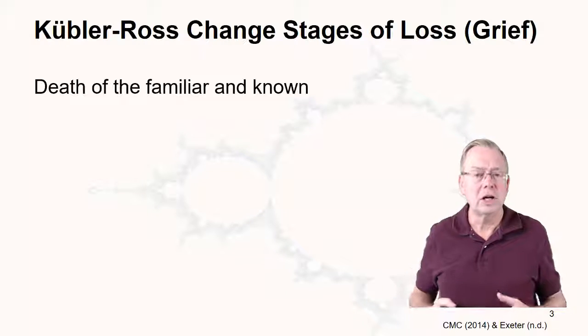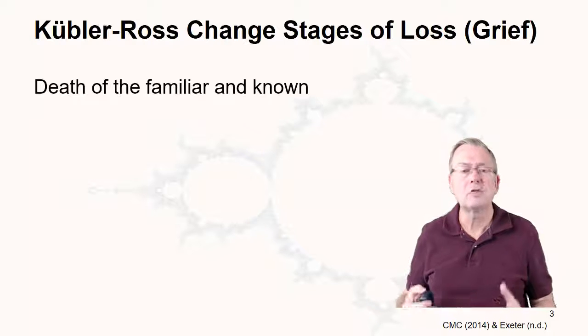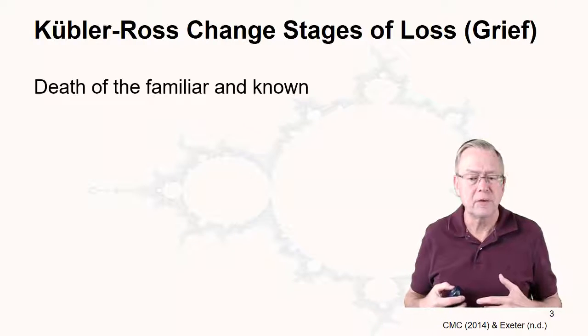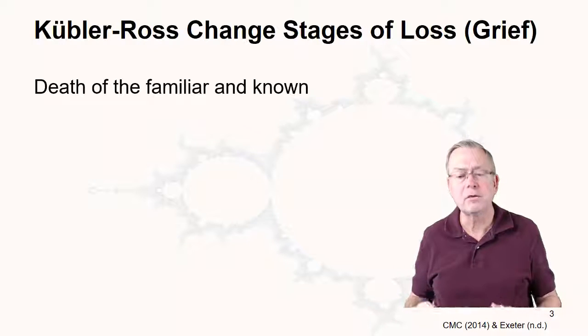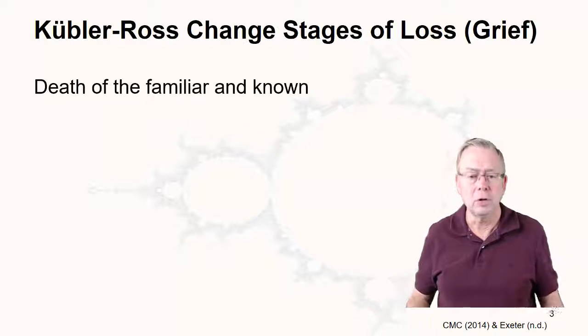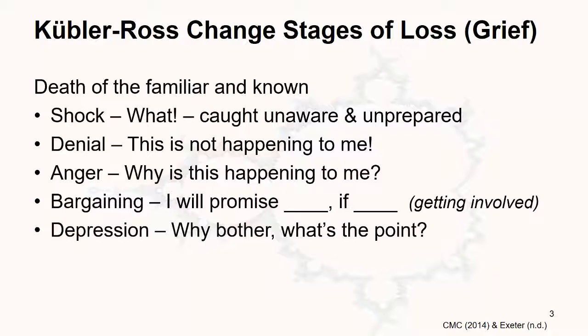First, the loss cycle. This comes from the grief or the death, in that there's the death of what is familiar and known. This then gets into a series of steps. The shock, it's all of a sudden a surprise. The denial, it's not happening to me, it'll go away. The anger, why me?